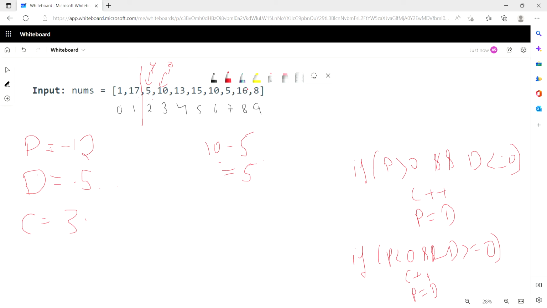So we increment the count, and we change the previous to 5.